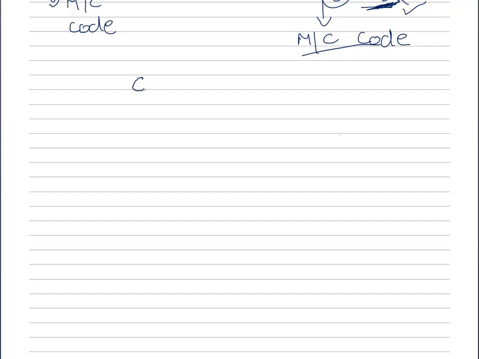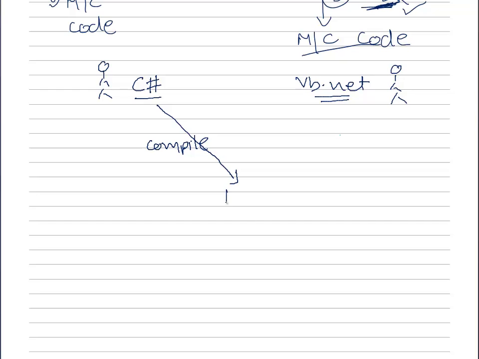Suppose you are a C# programmer and your friend is a VB.NET programmer. You are very good with writing programs using the C# programming language, and your friend is very good with writing programs with the VB.NET programming language. When you write your code and compile it using a C# compiler, it converts it into the Microsoft Intermediate Language.